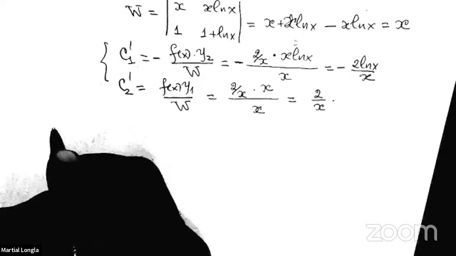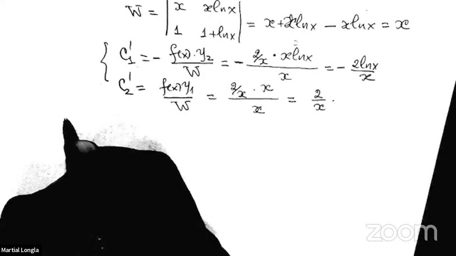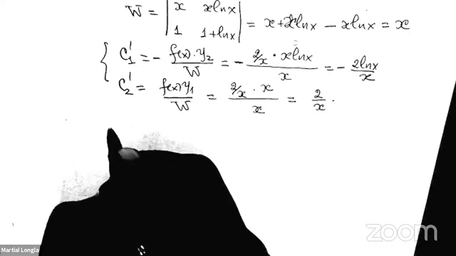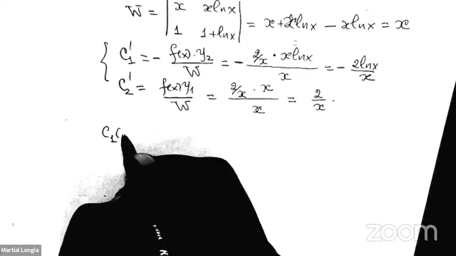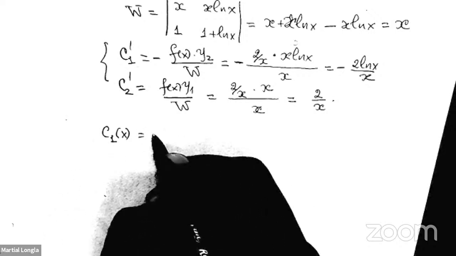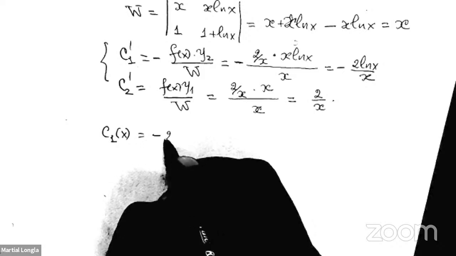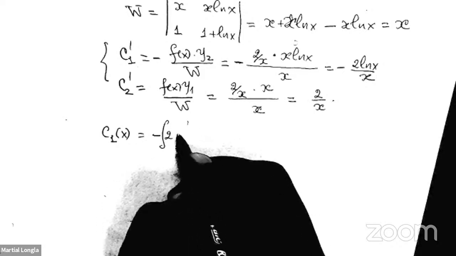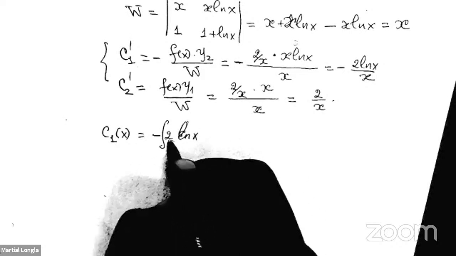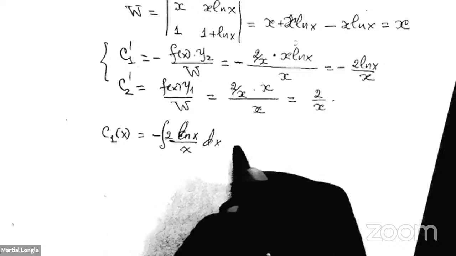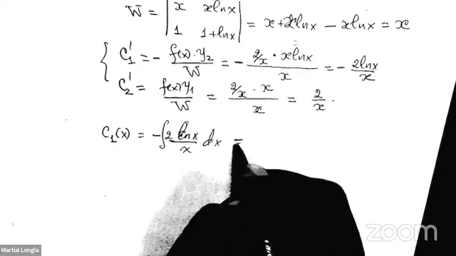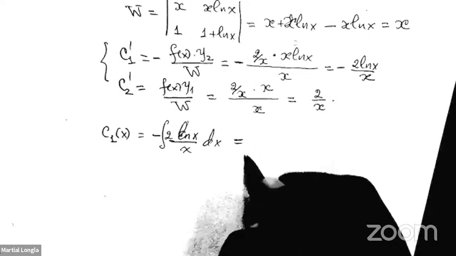From here, you integrate to get C1 of x equals negative integral of 2 natural log of x over x dx. You can use u substitution here.